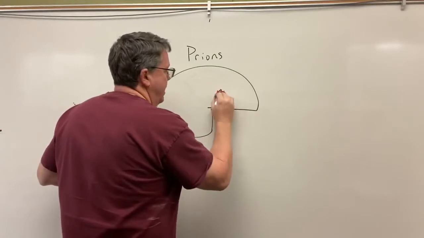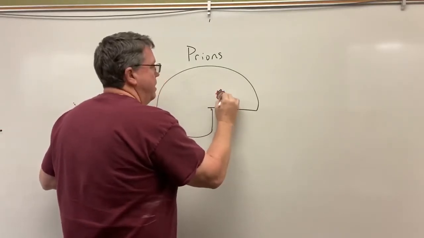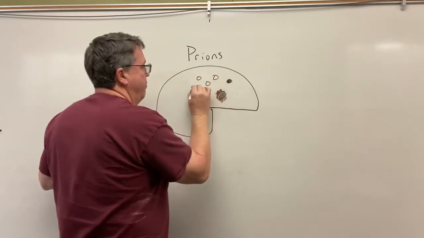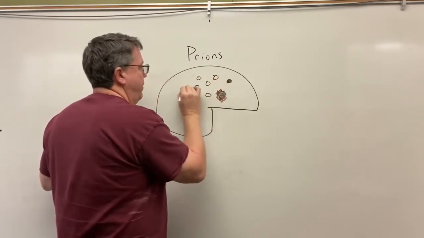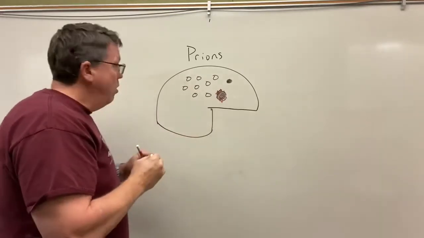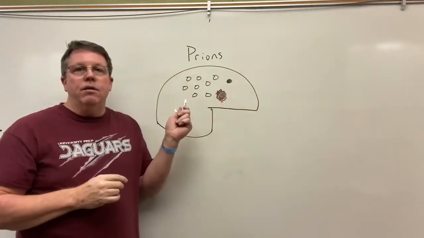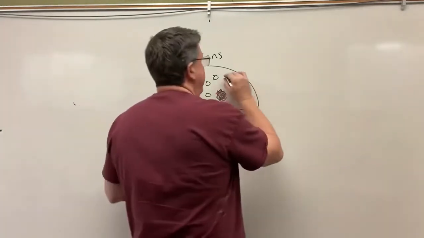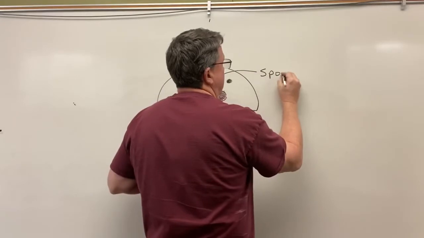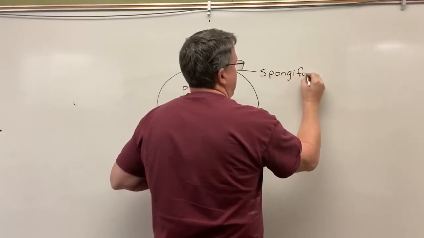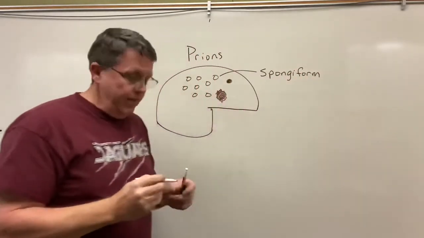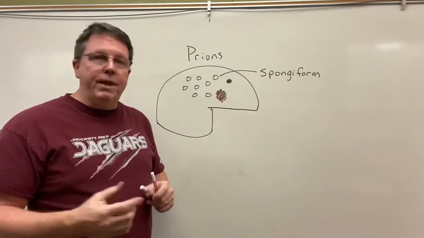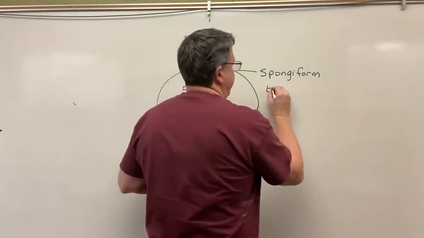So I'm going to draw this one kind of big because I just drew so many prions. But I'm going to get microscopic holes in the brain. Now, when this happens, if you look at it under a microscope, the brain starts to look like a sponge. So they call this the spongiform appearance. Okay, it's spongiform. As this is happening, there's going to be inflammation in the brain. Inflammation of the brain is called encephalitis.